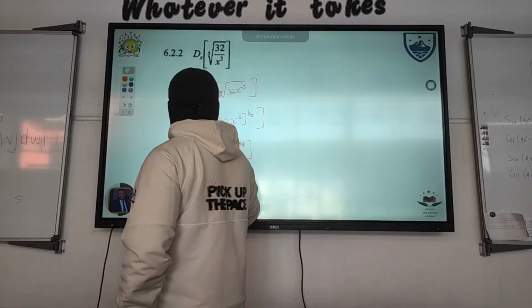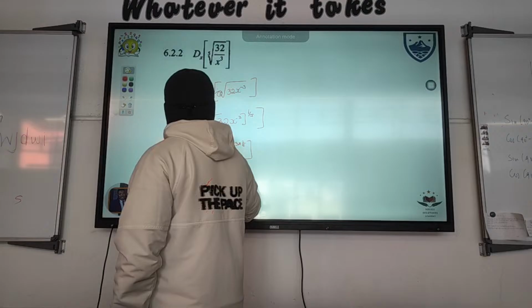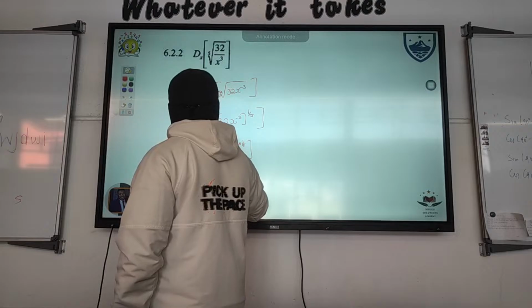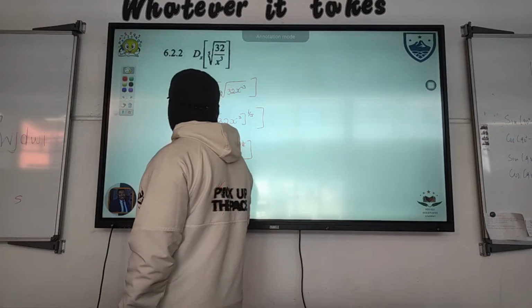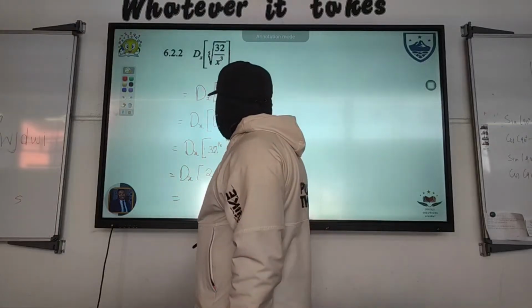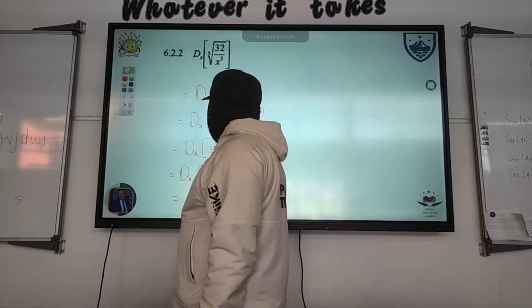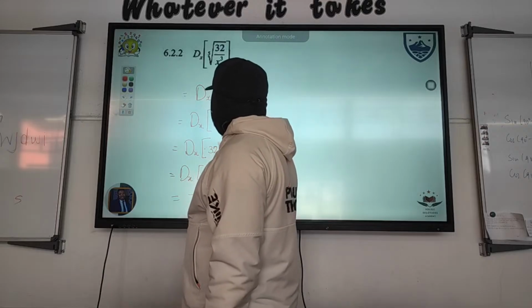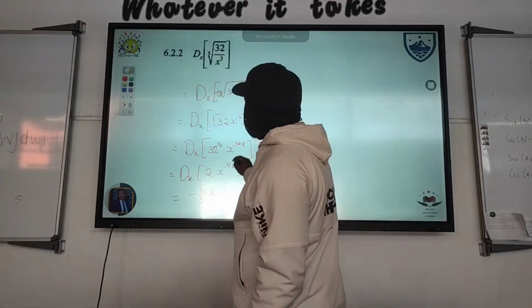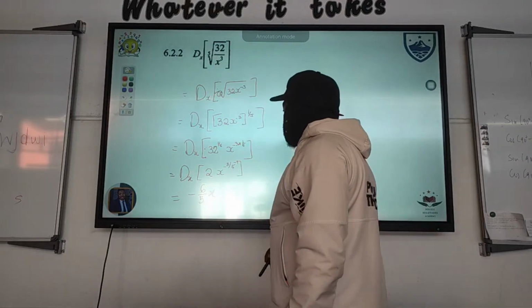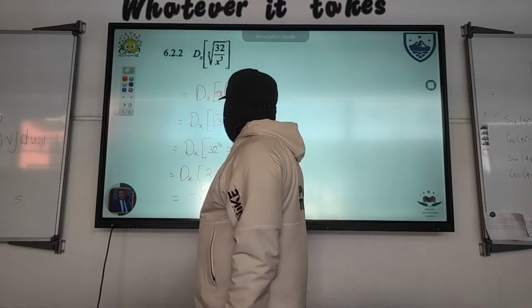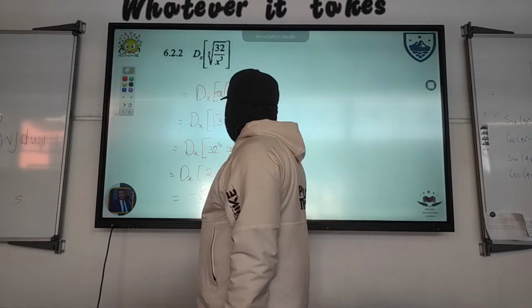And then we have x to the power of negative 3 over 5. And then our answer will simply be negative 6 over 5, then x to the power of, if we minus 1 here, it will simply give us negative 8 over 5.